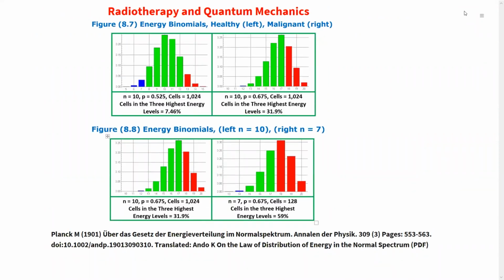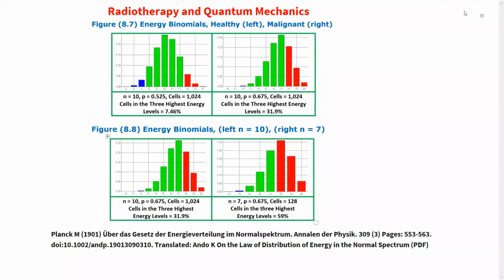Now, I've hinted that a binomial distribution will describe everything. So let me try to explain to you how you can get into the malignant state. In the upper left-hand corner, you've got a nodule or a lobule of cells, and there's 10 genes running the shop, and the skew isn't too high. It's 0.525.